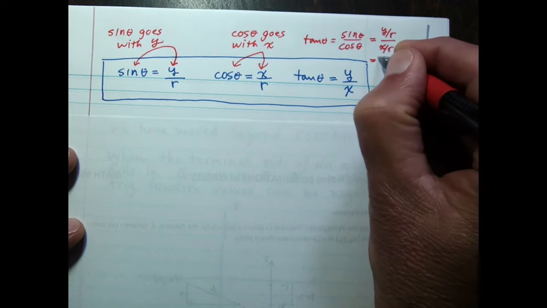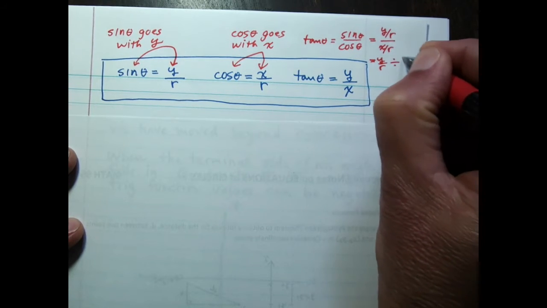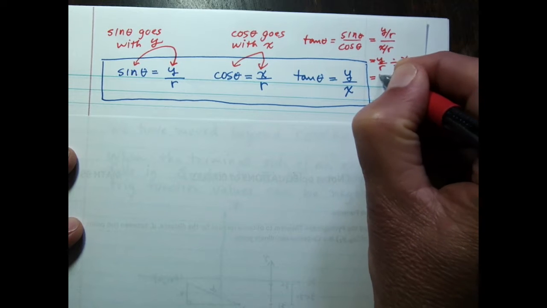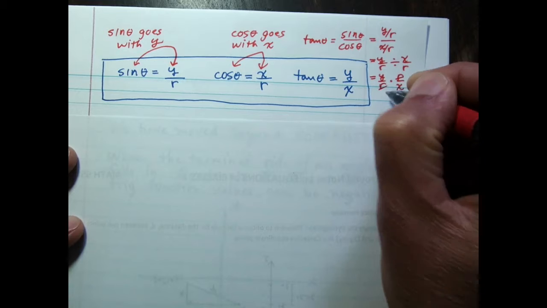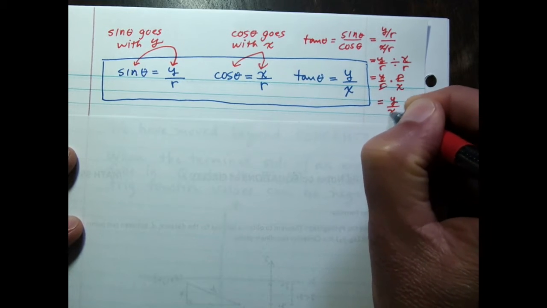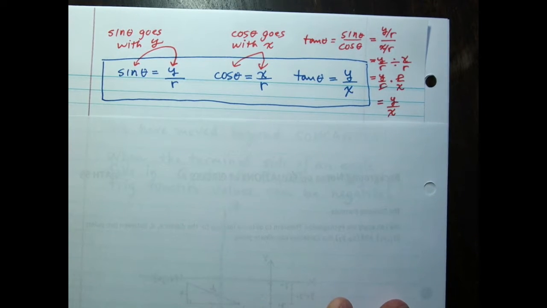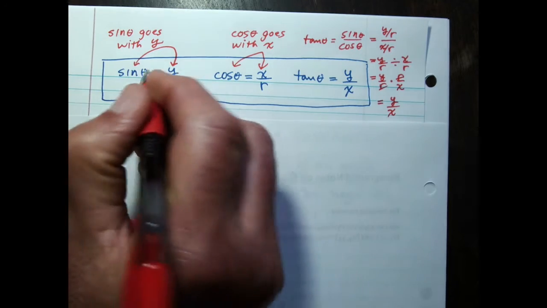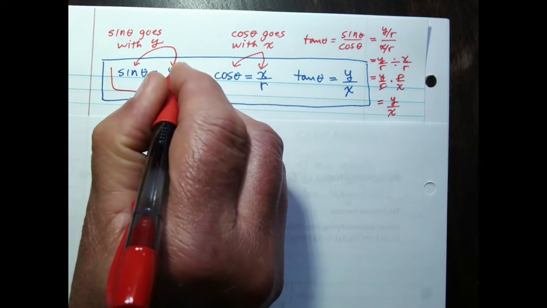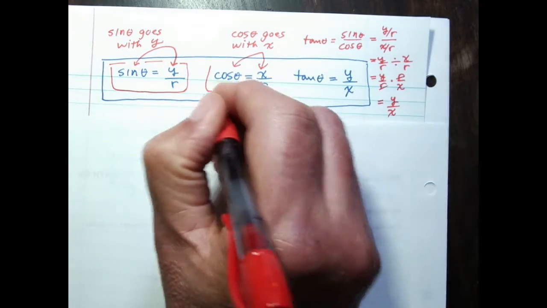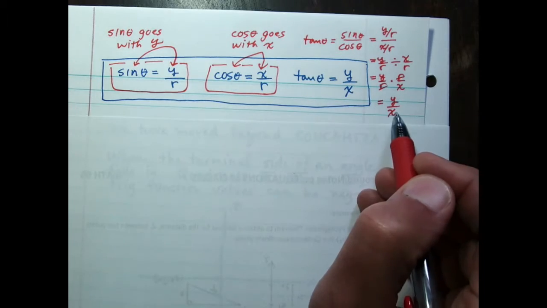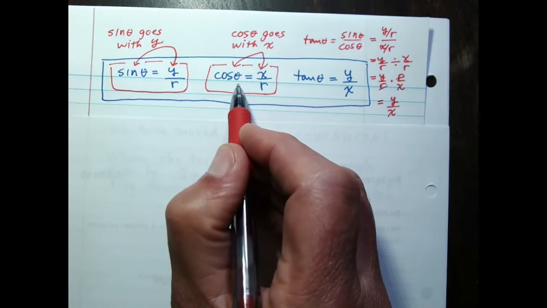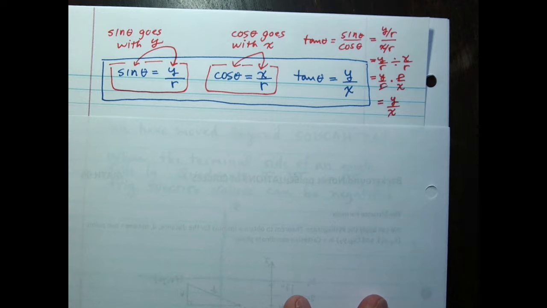If you carry out that division, y over r divided by x over r, which is y over r times r over x, the r cancels out, and you're left with just y over x. So my feeling is you definitely gotta memorize these formulas for sine and cosine, but the tangent formula you could always rederive by just dividing the sine formula by the cosine formula if you don't want to memorize it separately.